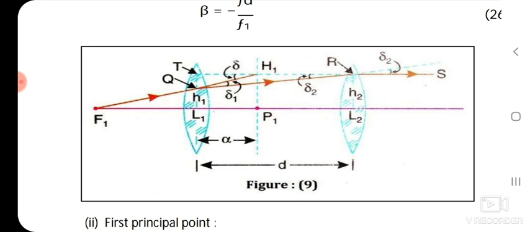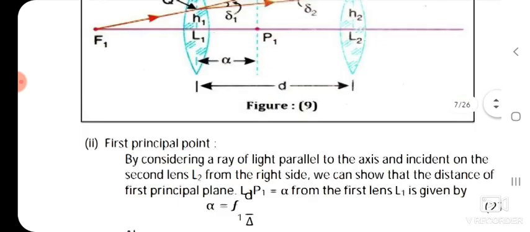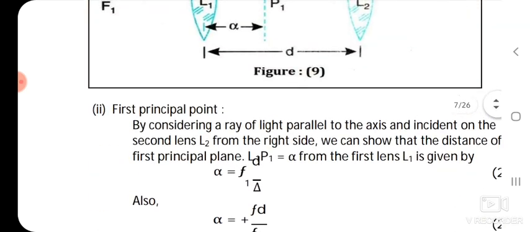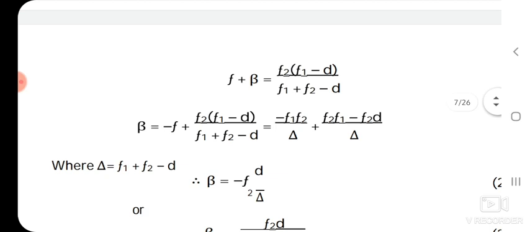We can determine beta using the equation for F. Then we get F plus beta is equal to F2 into F1 minus D divided by F1 plus F2 minus D, and beta is equal to minus F plus F2 into F1 minus D divided by F1 plus F2 minus D.